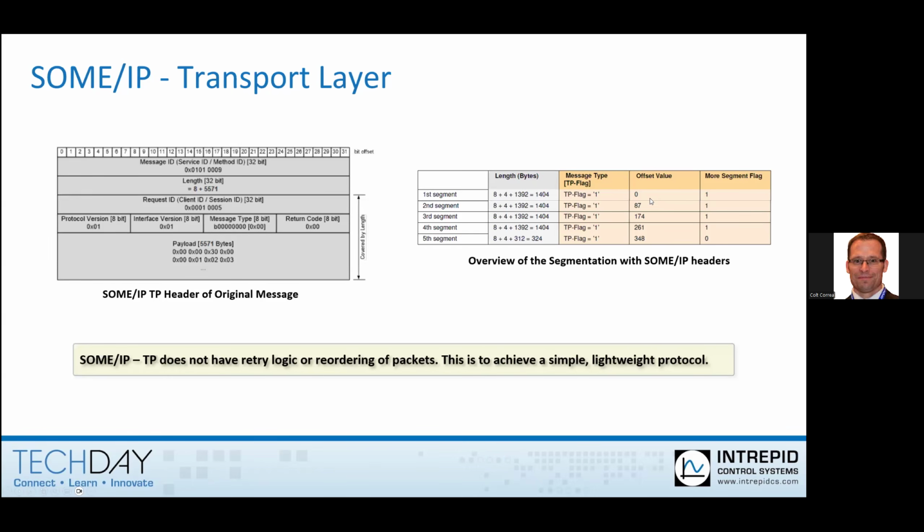And then we have an offset value: how much into the message are we going to offset to reassemble? And then there's a more segments flag, meaning every single message except the very last one will have more segments coming. And when we get to the last segment, the last header, we will have all the segments with which we can combine this larger message.